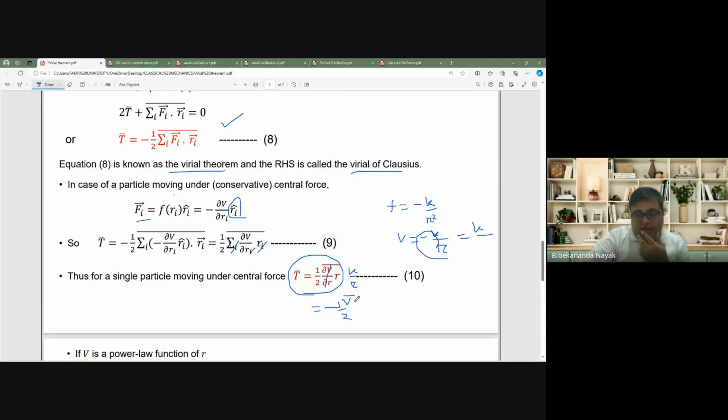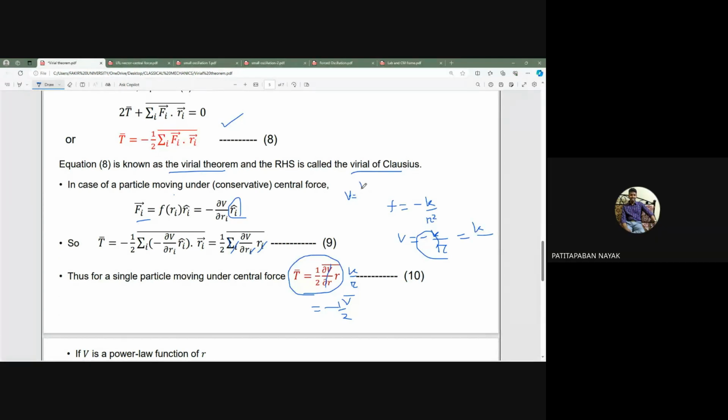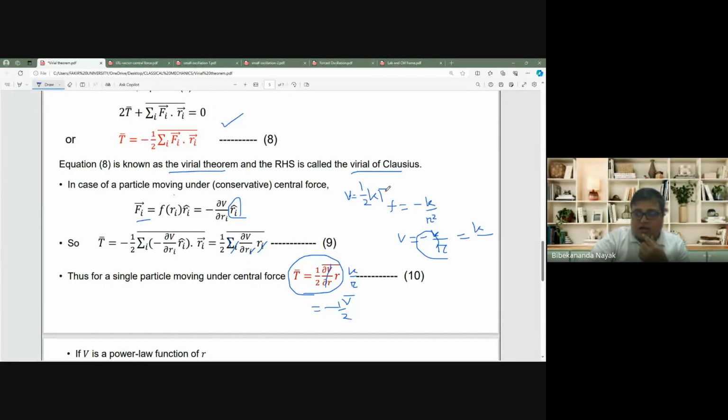What happens for a simple harmonic oscillator? For a simple harmonic oscillator, what is V, the potential energy? The force is proportional to R, so F is minus KR, or minus KX. So the potential will have a constant times R square.